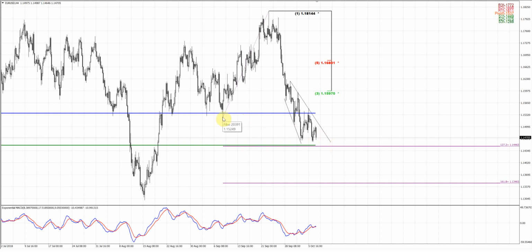We use the extension of this previous upward leg, and see that the 127 extension of this leg stands precisely at the 1450 area. So that's the support. It also coincides with the daily major 618 support. The market still stands around it. So this area is the barrier between the bullish and the bearish sentiment.